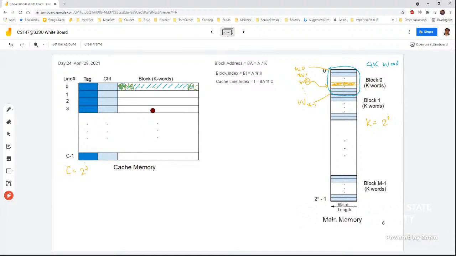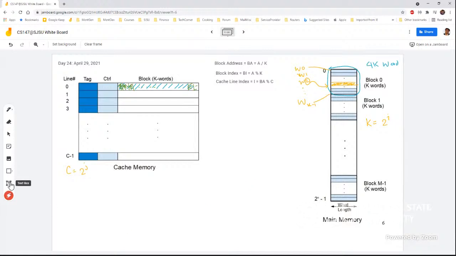So we access the data. If it is a word addressable system, a complete word is taken out. If it is a byte addressable system, a byte is taken out, or it depends on which load word or store word you are using. So it is really context dependent on what instruction you are operating on that specific address.